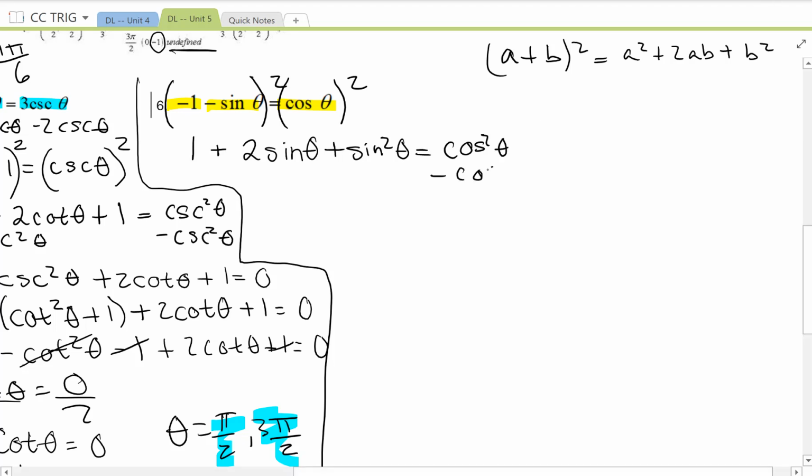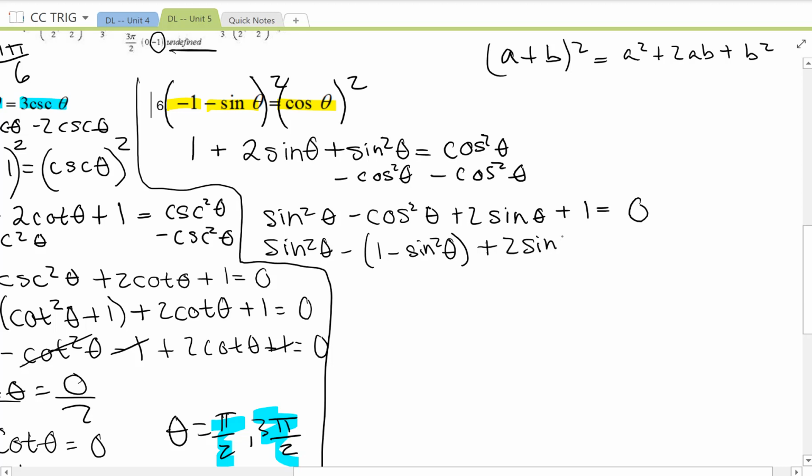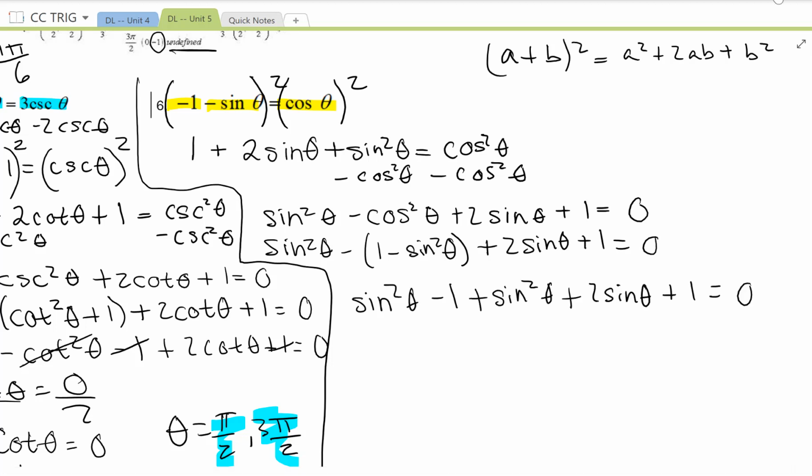So I'll subtract and write everything in descending order, so starting with my squared terms. Now replace cosine squared theta with its Pythagorean equivalent, 1 minus sine squared theta. Again, don't forget to distribute that negative, which we'll do in our next step, and then combine like terms.